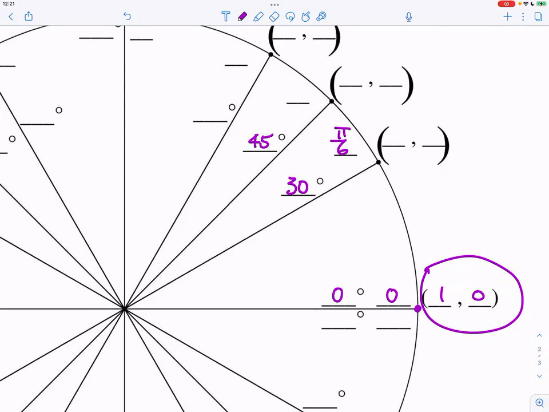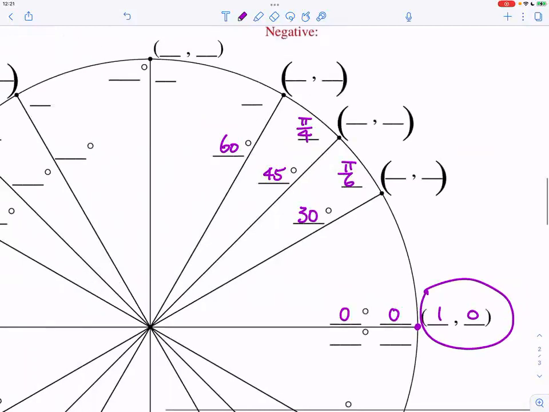The radian measure is pi over 4. And after 45 degrees, you have 60 degrees, and the radian measure is pi over 3. At the very top, you have 90 degrees, and the radian is pi over 2.